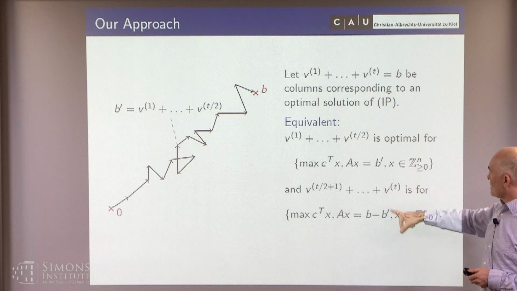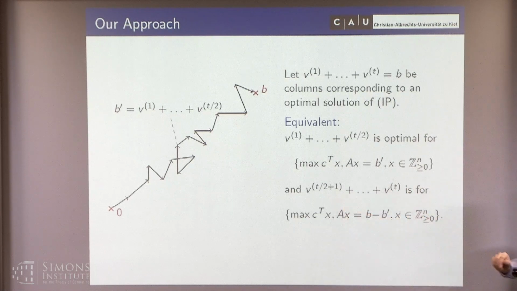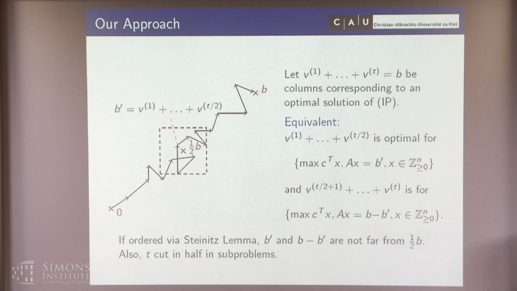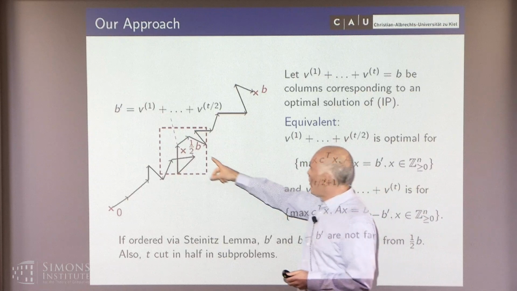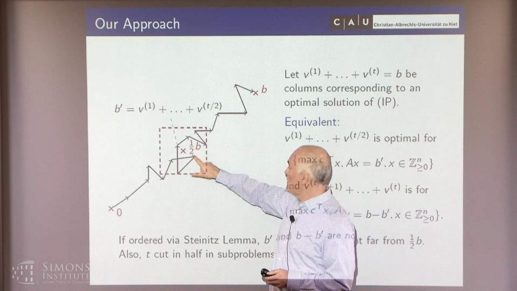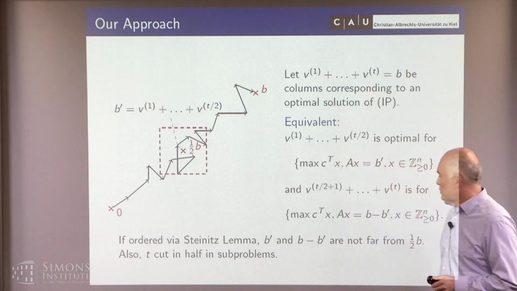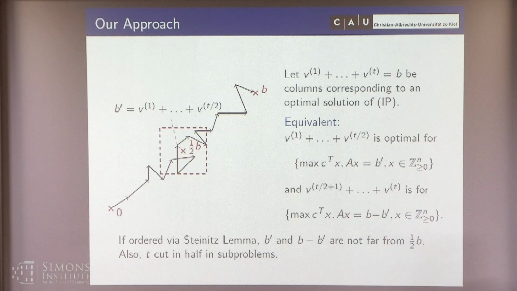And the other vectors are optimal for b minus b prime, where b prime is close to the point 1 over b divided by 2. And that follows directly from the Steinitz lemma, that both of the vectors are not too far from here because of the partial sum. The partial sum is bounded by this. And that's what you can use then.